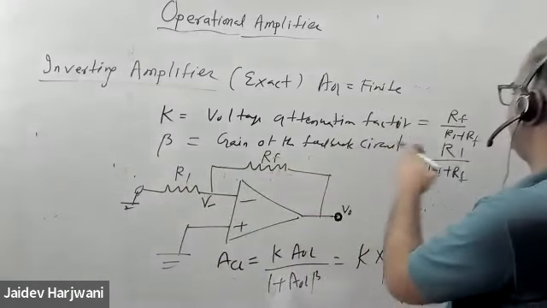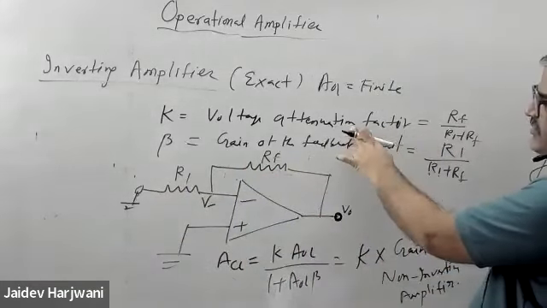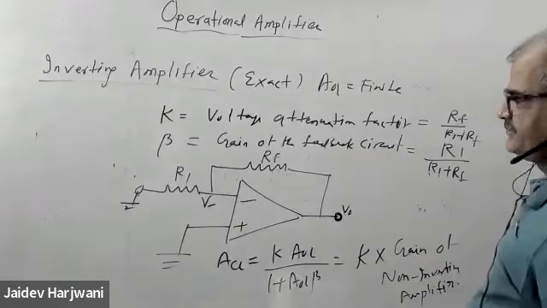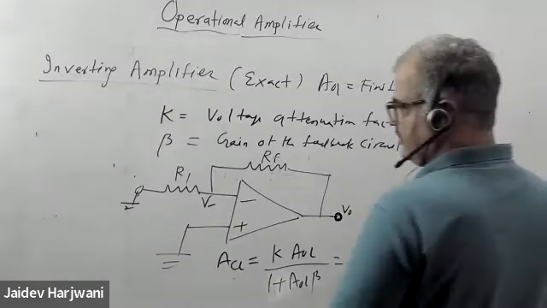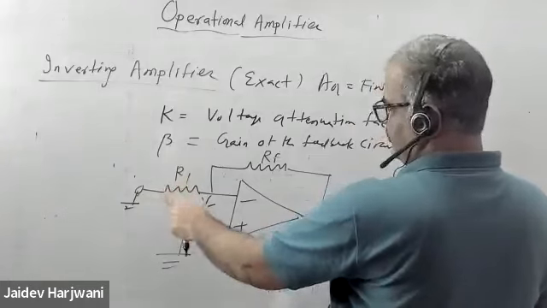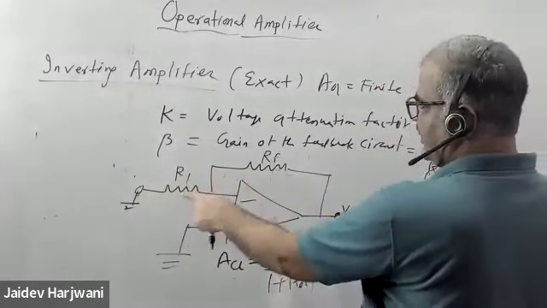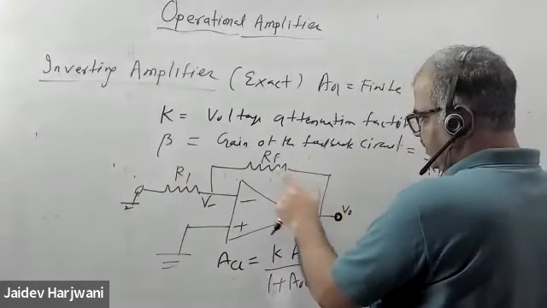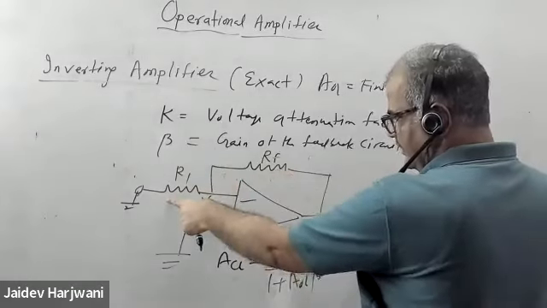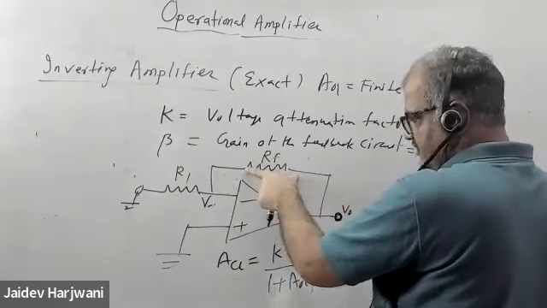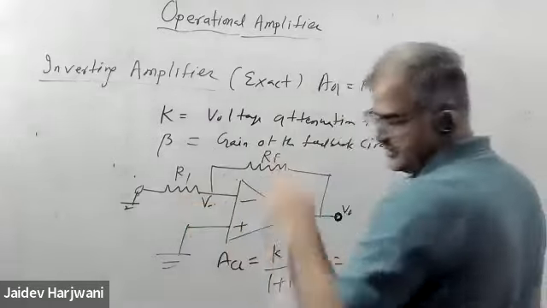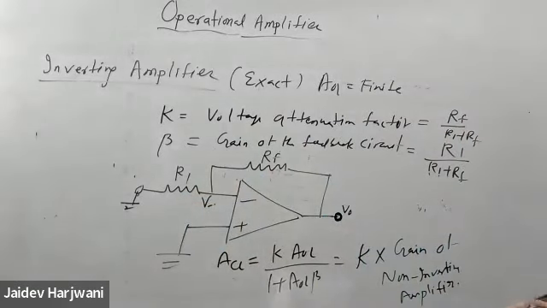That is why it is called the attenuation factor K. In the other case, this is a gain, because this voltage coming is a gain, and you're losing here. So this is attenuation, and this is gain. That's the meaning. That's how the names are given. Only the name.